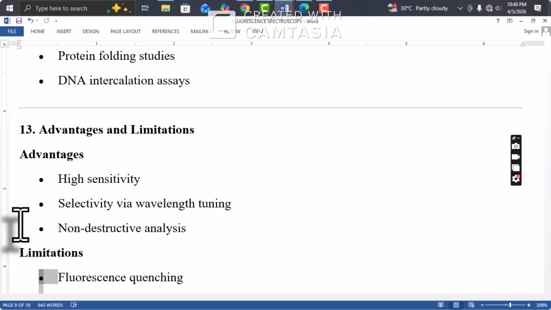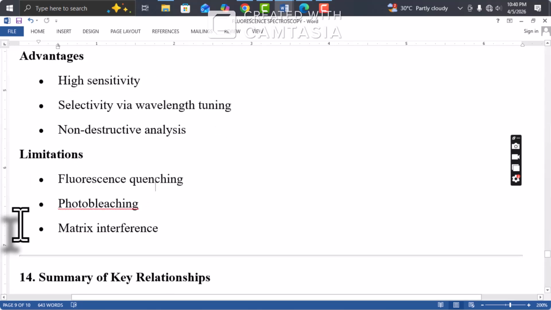But the problem, as a limitation, is that the fluorescence can be quenched. Then you have photo bleaching. Photo bleaching means that sometimes the UV light you are using to create fluorescence can kill the fluorescence. They have matrix interference.